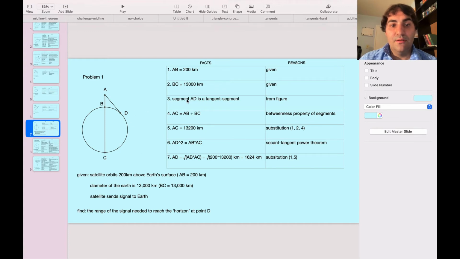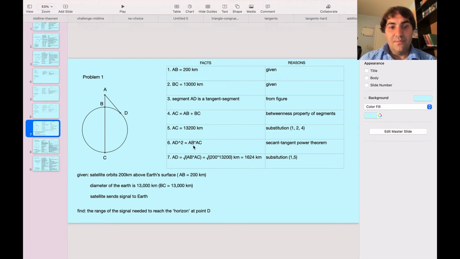So write down what we know, and we know that segment AD is a tangent segment, right? So by the betweenness property of segments, segment AC equals segment AB plus segment BC. So segment AC equals 200 plus 13,000, so that's 13,200 kilometers, right?